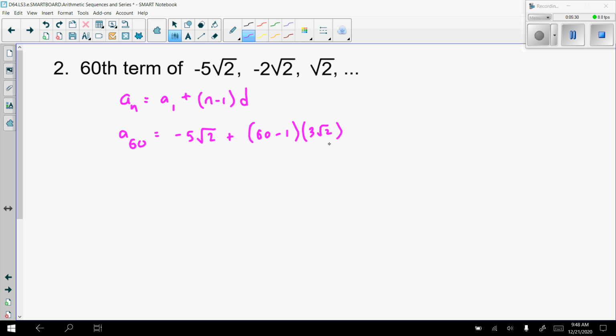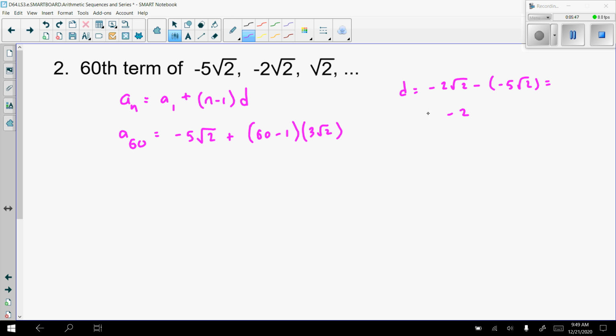Remember, to get that, we can subtract one term minus the previous term. So you can take negative 2 square root of 2 minus the term before, which is negative 5 square root of 2. And of course, now this is the d.